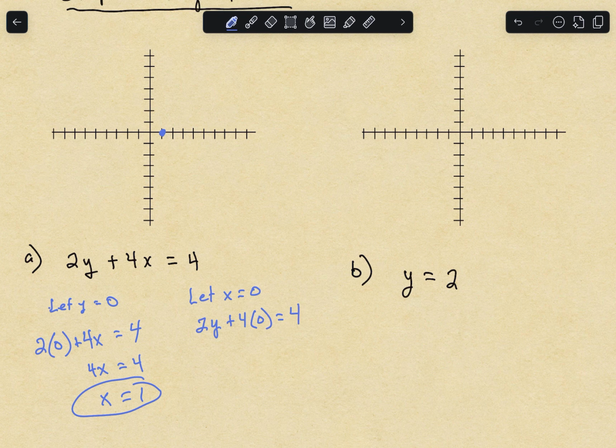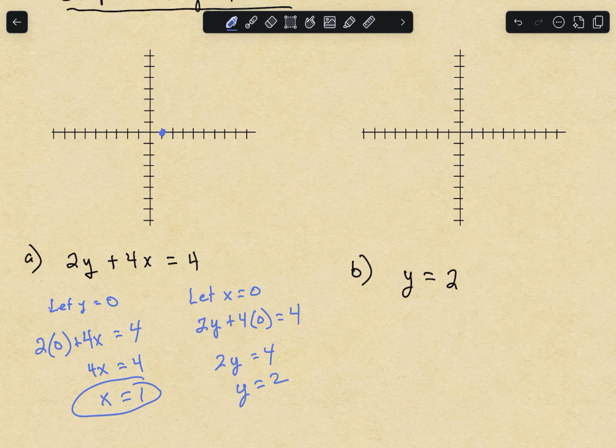All I did was plug in this 0 right here, and that became 0 here. So next, you're going to say 2y equals 4, so y equals 2. That's pretty easy. I'm not going to go through the motions of all these at this point, because you're smart guys. You know what's next, right?